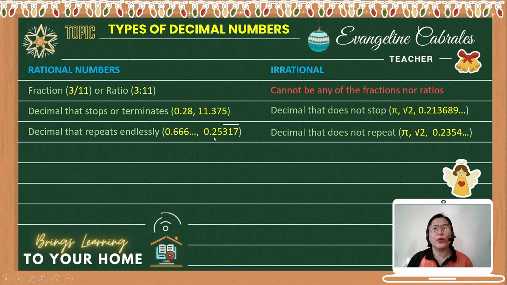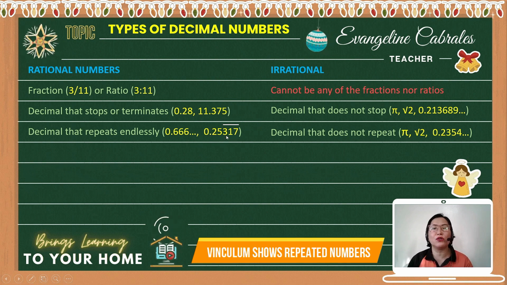And then 0.25317 with a bar on top. Kung mapapansin nyo, meron siyang bar sa ibabaw. Ang bar na ito, ang tawag dyan ay vinculum. At ang nasa ilalim ng vinculum ay 3, 1 at 7.